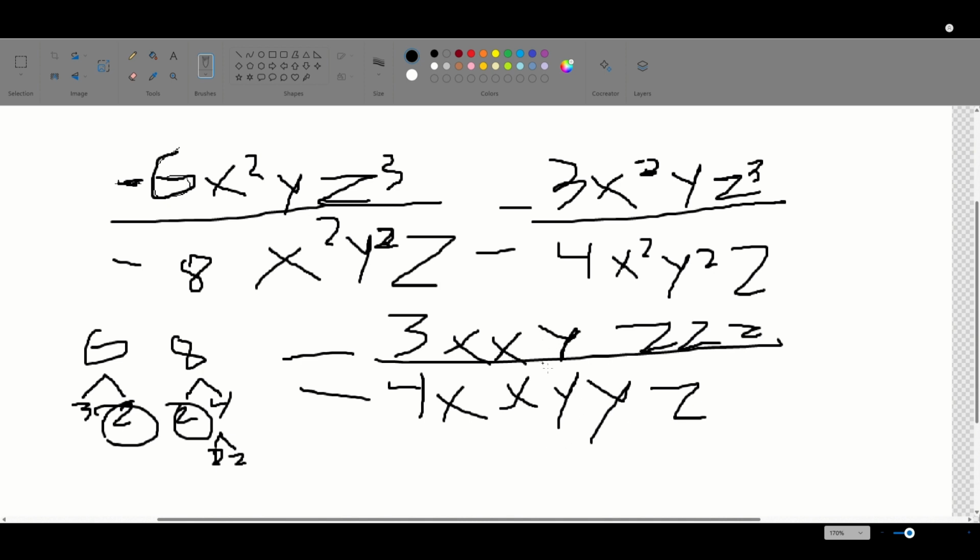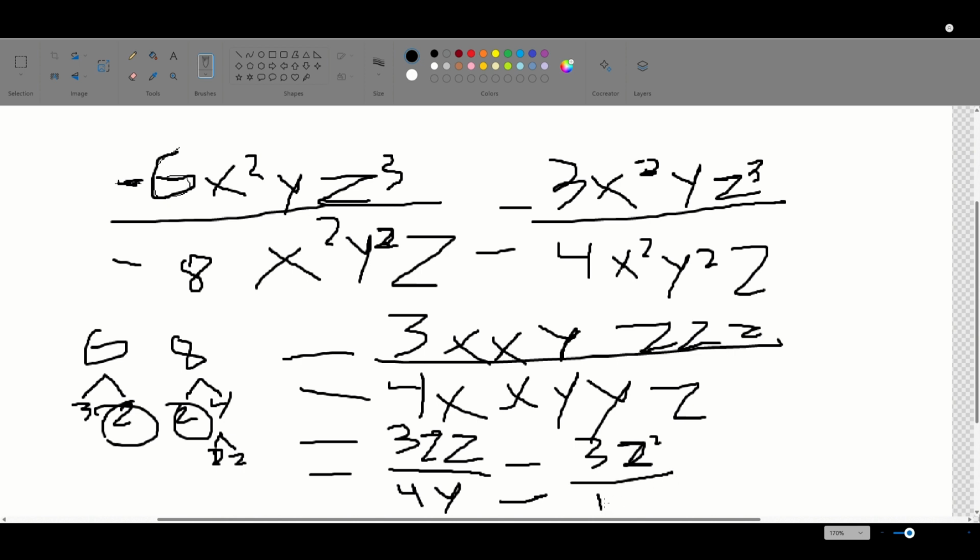So it's going to end up equaling, to make it a lot simpler, 3z, right? 3zz, then 4y, which is equal to just 3z squared, that looks like a 2, 3z squared, and then out of 4y.